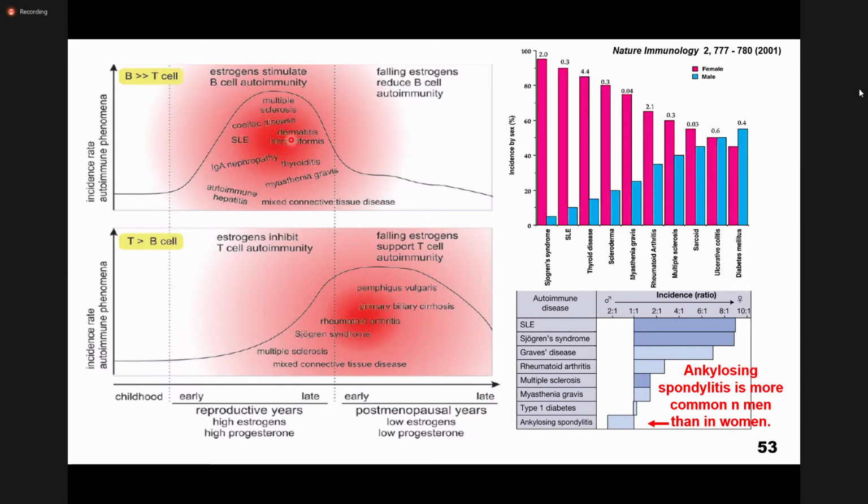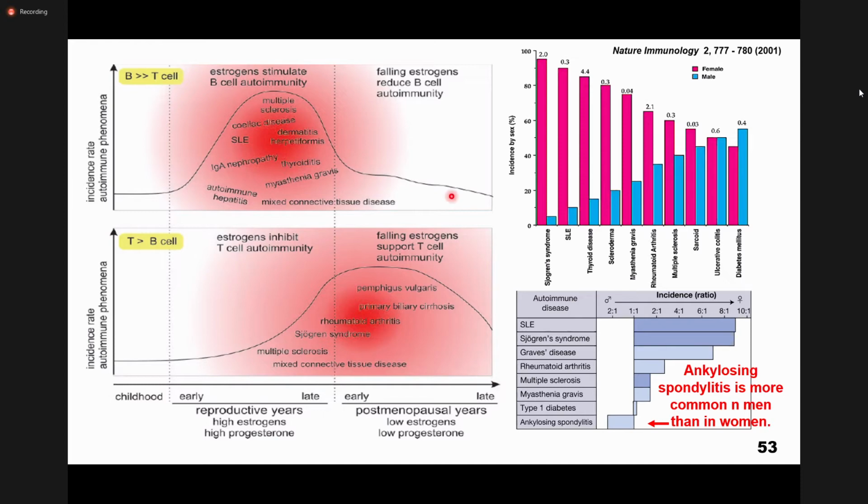But as they age, the B cell dominant autoimmunity is reduced, and T cells take over, and T cell induced autoimmune diseases begin. So from childhood, nothing, but in the reproductive years, maybe at 11, 12, 13, it starts.